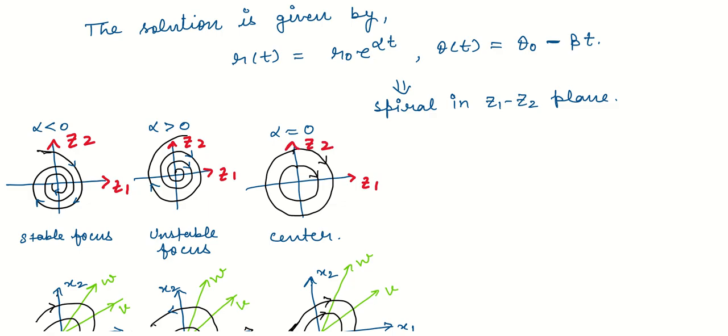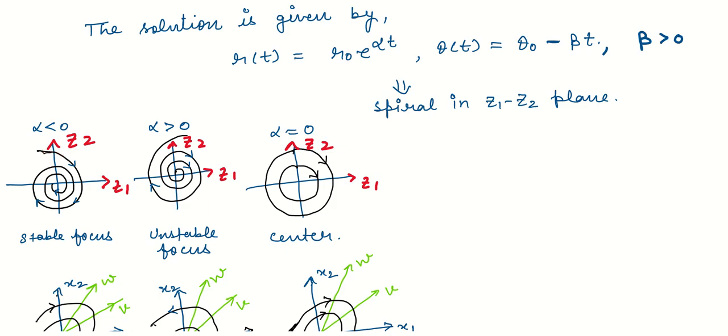Now please note that if alpha is less than 0, then this term will decay. And of course, I'm assuming that beta is greater than 0 for this particular case. So if alpha is less than 0, this term will decay and theta is decreasing. So this kind of picture will come. Let's say you start from here, R is decreasing.